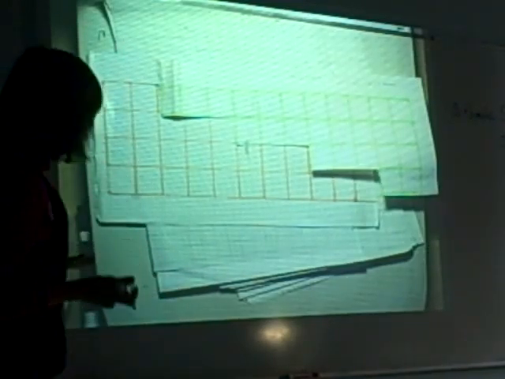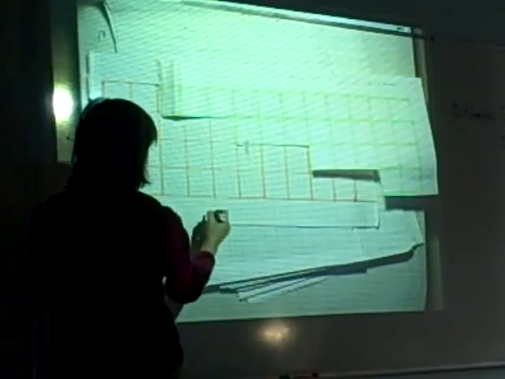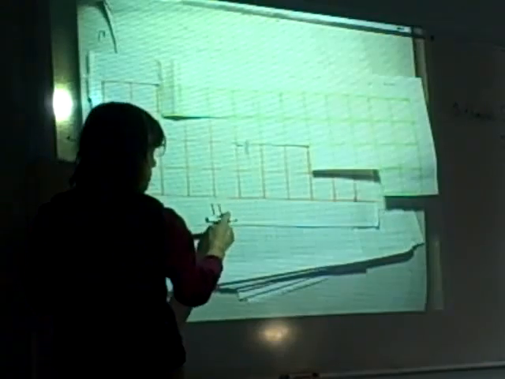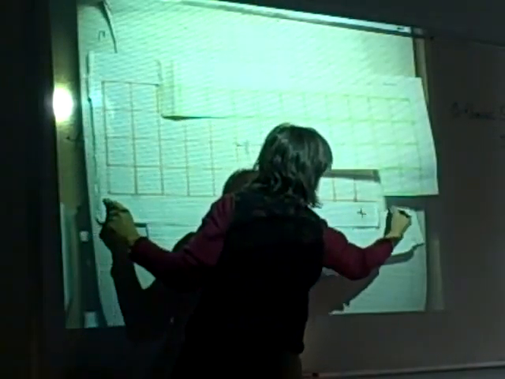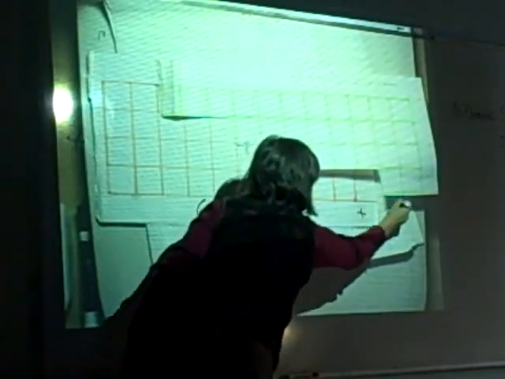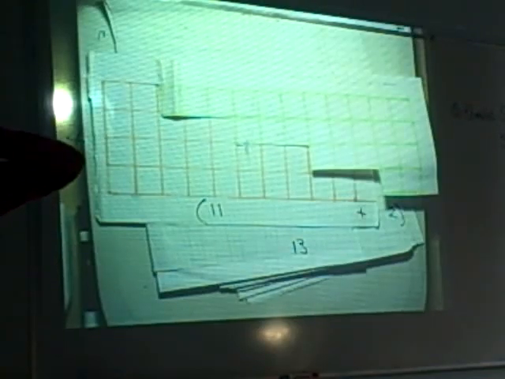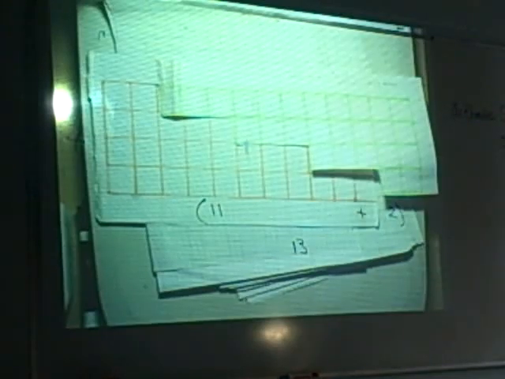13. 14. How did you get 13? 11 plus 2. Okay, so what I did was I took my 11 and I added 2, which I know is 13. And where did this 4 come from? The number of terms. So I'm going to do the number of terms, and I had 4.